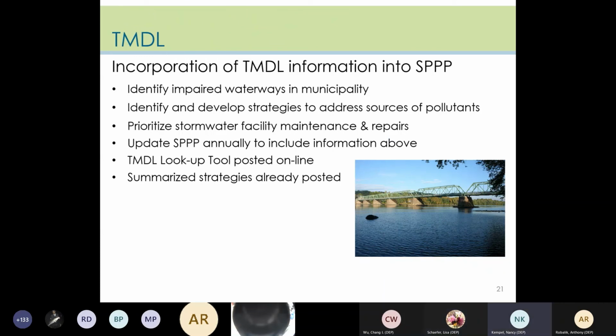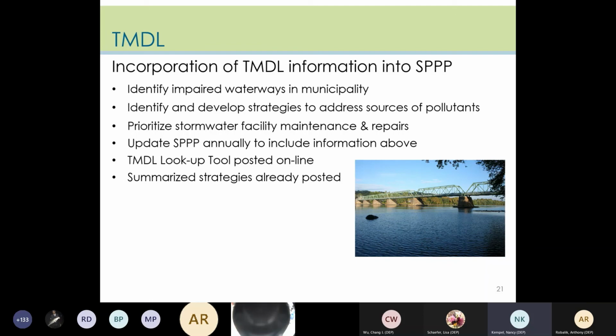Another requirement in the latest renewal of the MS4 permits is the incorporation of TMDL information into the stormwater pollution prevention plans. It requires that all of the MS4 permittees identify the TMDLs that have been adopted on waterways within or bordering their properties.